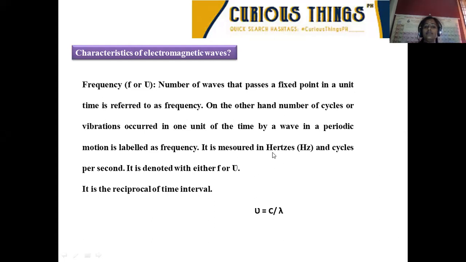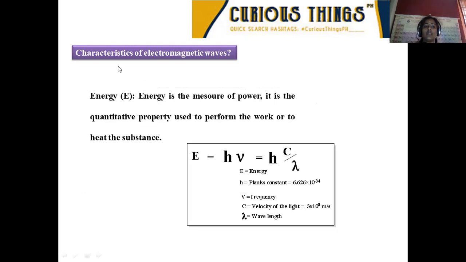That is measured in hertz, megahertz, cycles per second. That is denoted with nu, and it is always the reciprocal of the time interval. So nu is given by c by lambda, measured in hertz, right? So frequency is also directly proportional to energy. As the energy increases, the frequency of the electromagnetic radiation also increases, right?